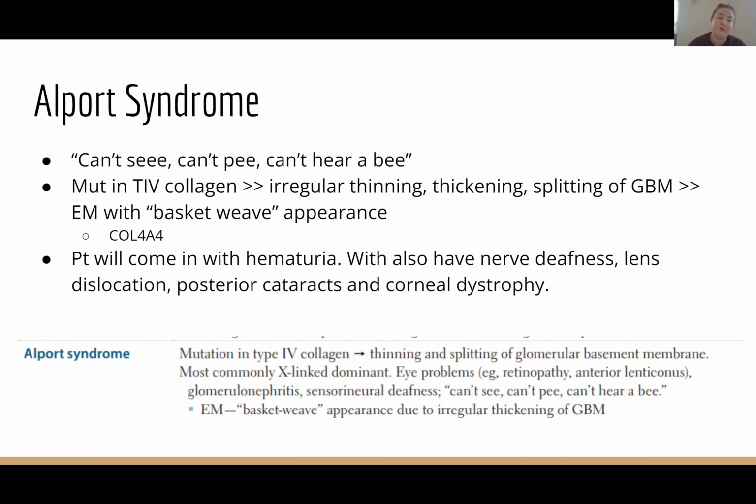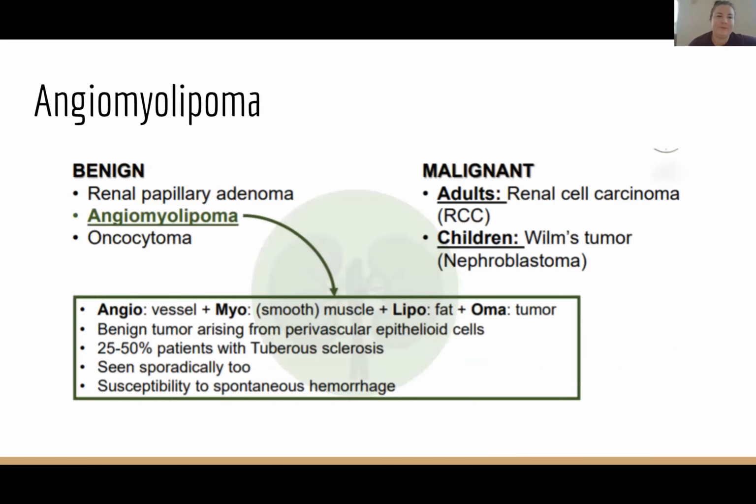The gene is COL4A4. The patient is going to come in with hematuria and sensorineural deafness, so look for those two things. So renal, eye, ear. That's Alport syndrome.